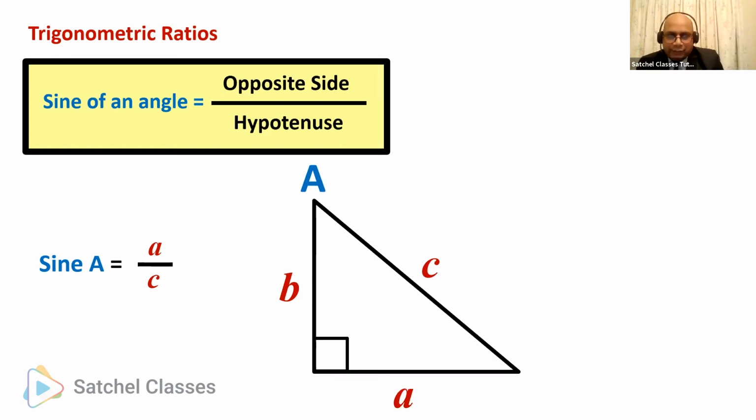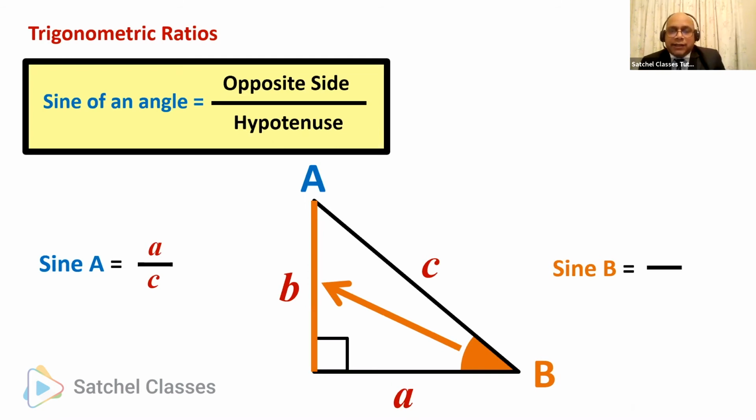Now, obviously, if we are referring to angle B, the ratio would change because the point of reference has changed. So with respect to angle B, sine B would be given by the opposite side again. Now, which is the side opposite to B? It is given by the small letter b.